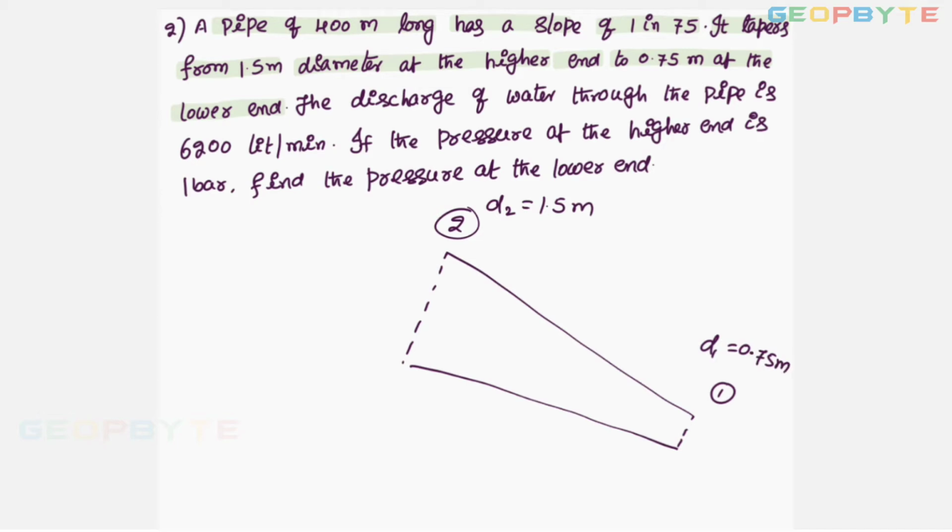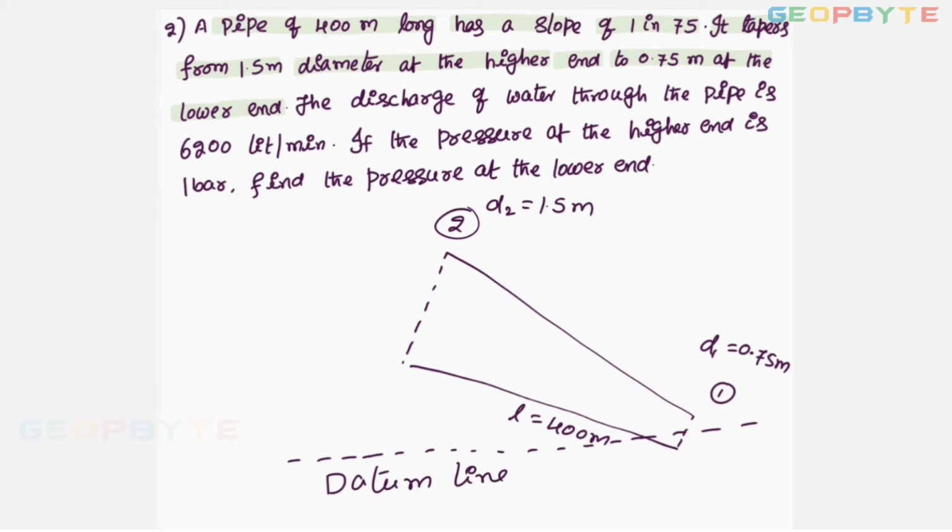Lower end diameter D1 0.75 meters. Length is given 400 meters and it has a slope 1 in 75. If I project a horizontal line through the center of the bottom one, let us take that as the datum line or reference line.